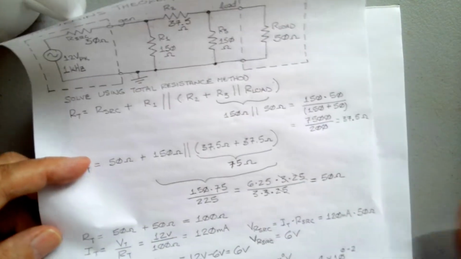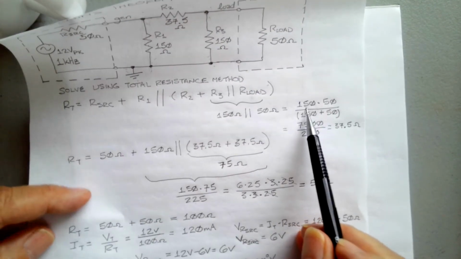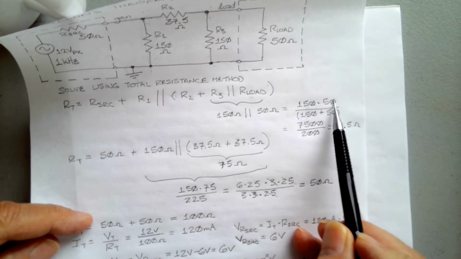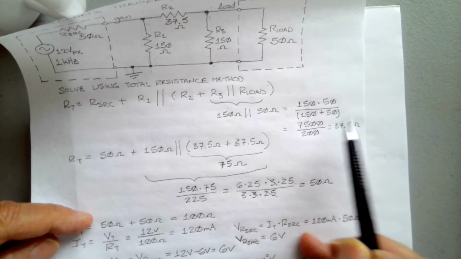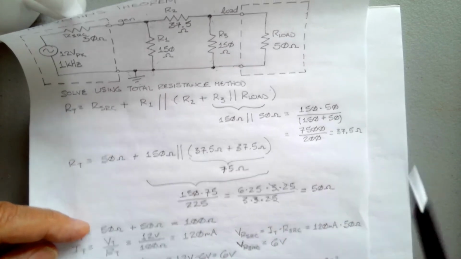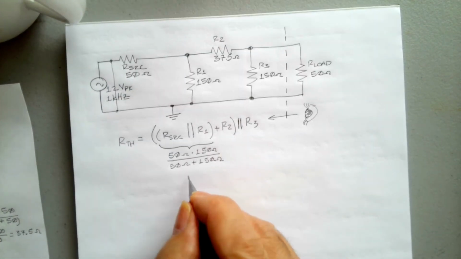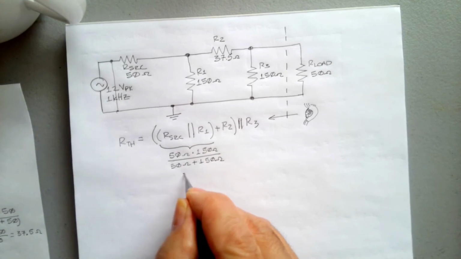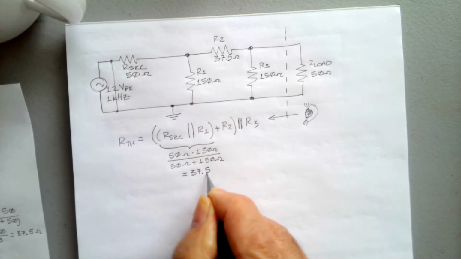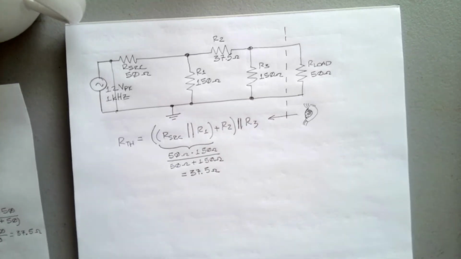And the last time we did this, we did 150 times 50 over 150 plus 50. We got 7,500 over 200, and that was 37.5 ohms. So this parallel combination here is going to equal 37.5 ohms. Okay.